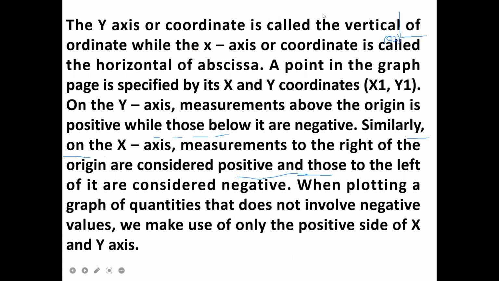Now the next part says the y-axis of coordinate is called the vertical coordinate, like I told you, while the x-axis is called the horizontal coordinate. But basically, we should take note, in most of your physics graphs, you'll be getting mostly positive values.